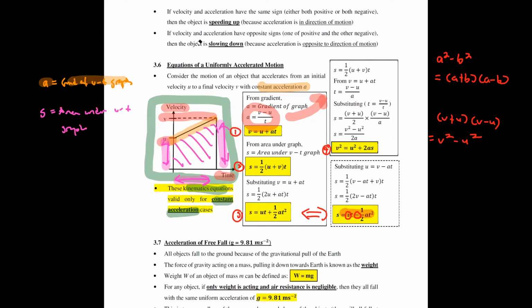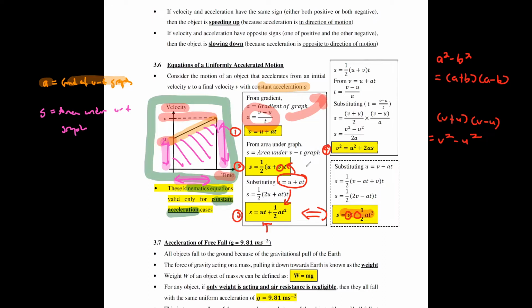For the third equation that you see here, you got this by subbing V equals to U plus AT into here. All right. You're trying to get rid of V. That got you this resulting equation.